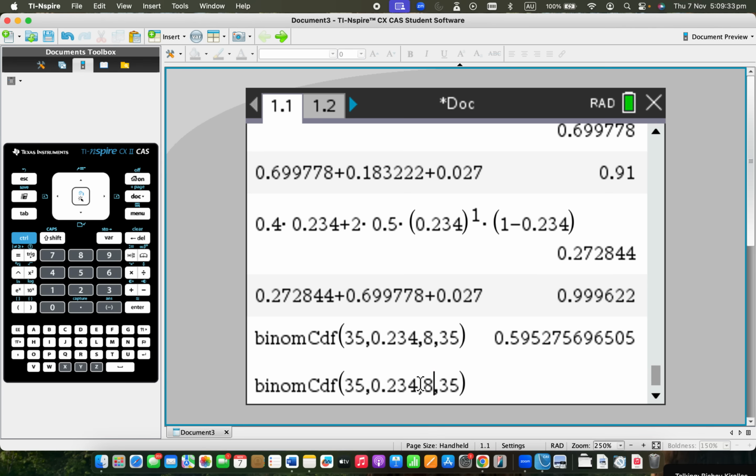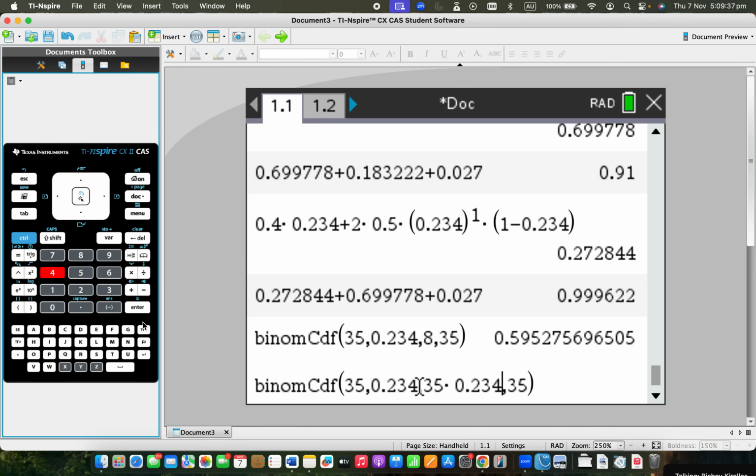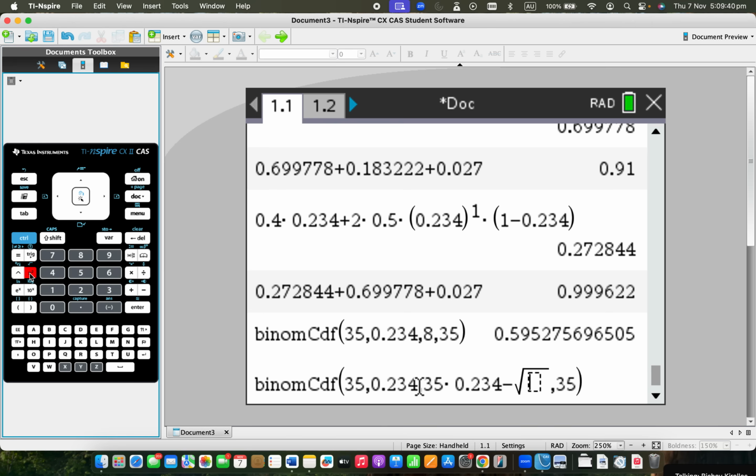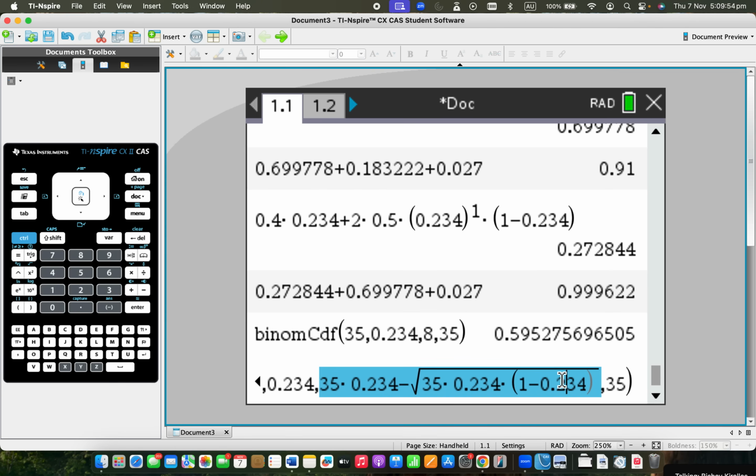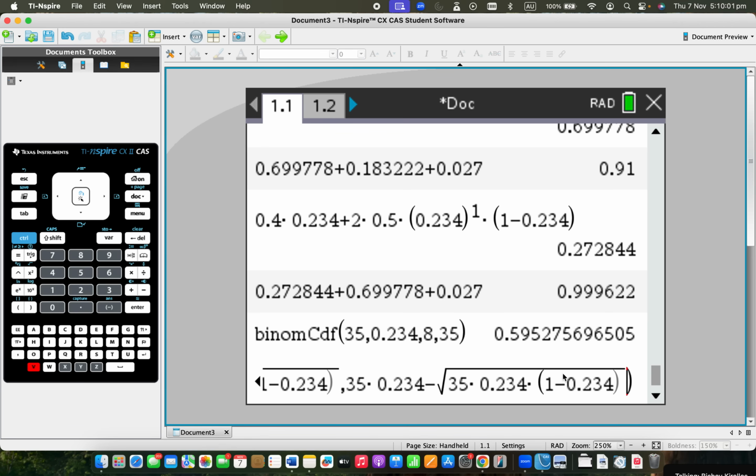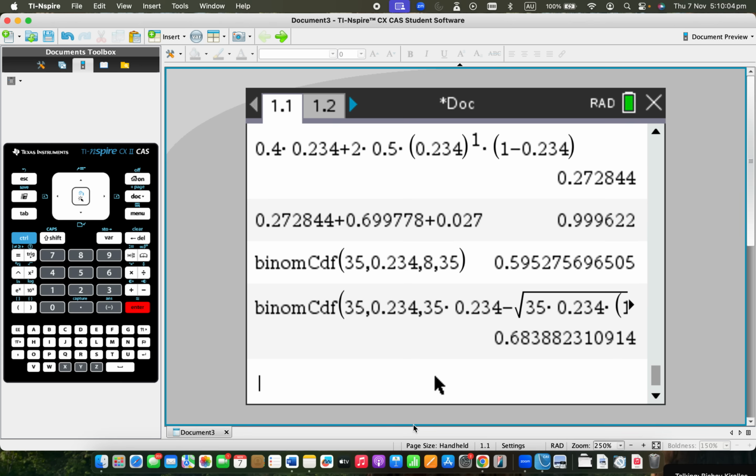The lower bound is 35 times 0.234 minus the square root of this, the 35 times 0.234 times 1 minus 0.234. And then I'm just going to copy and paste that. And then the upper bound, paste it and put a plus there. Now that works out to be 0.684.